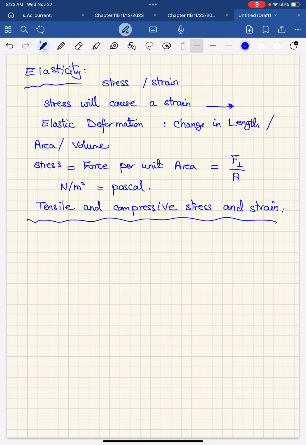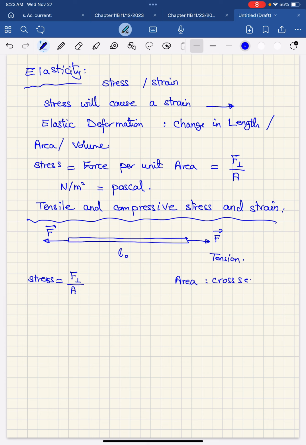All right, here, let's assume I have a rod that has a length L0, and then I start applying a force like this. This is tension. Therefore, we are going to have a stress that equals the force divided by A. A here is the cross-sectional area.